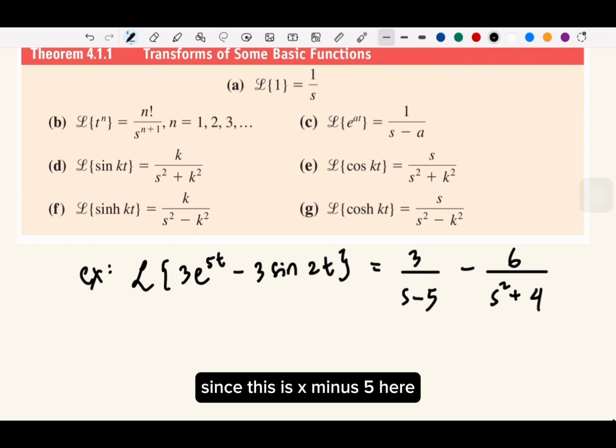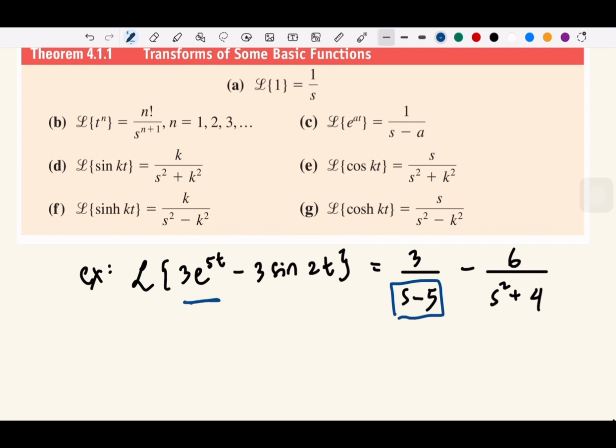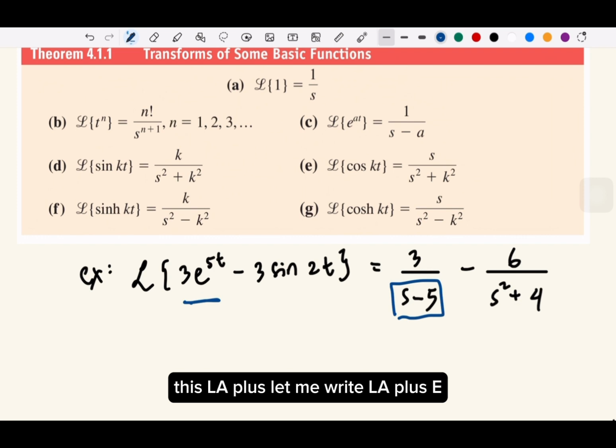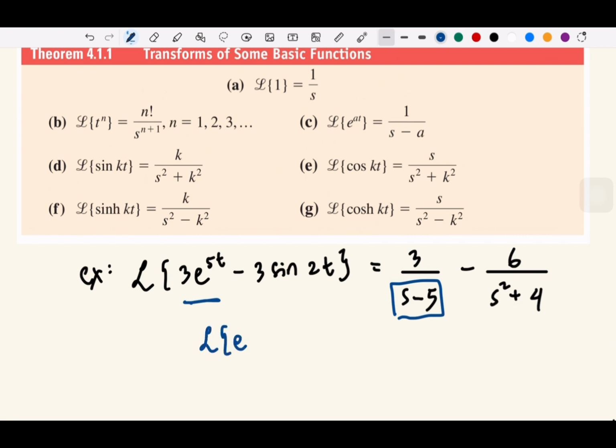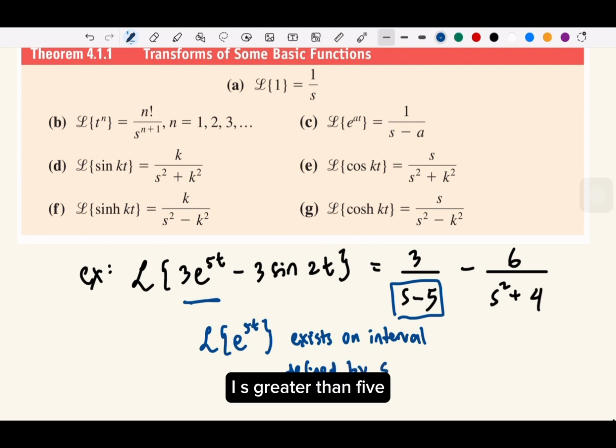Okay, since this is s minus 5 here, and this is related to this e, this Laplace of e will exist on the interval defined by s greater than 5.